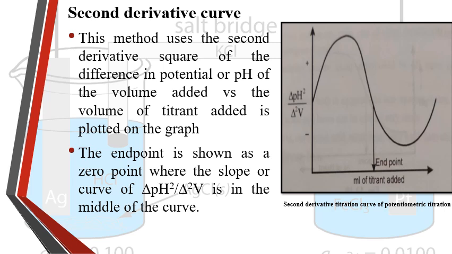In cases where the first derivative may not clearly distinguish different components or subtle changes, the second derivative can offer additional insights. It enhances the resolution of the data, making it easier to differentiate between closely spaced features or detect minor changes in the system being studied.